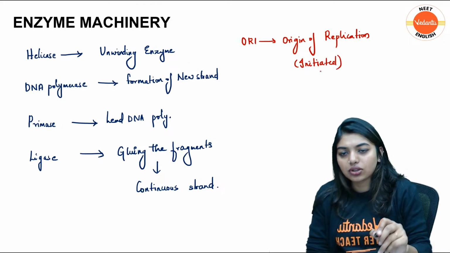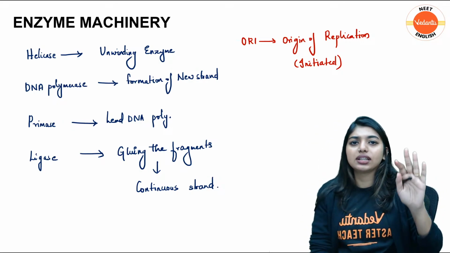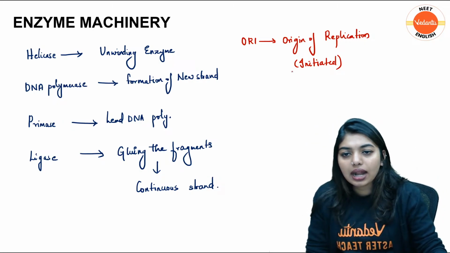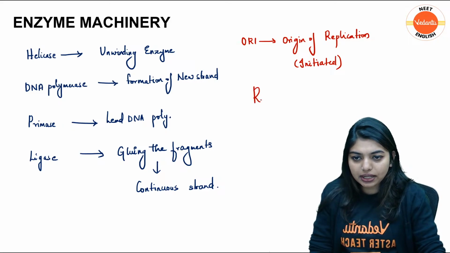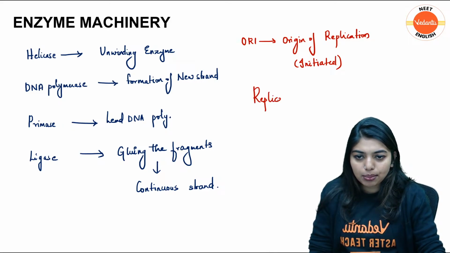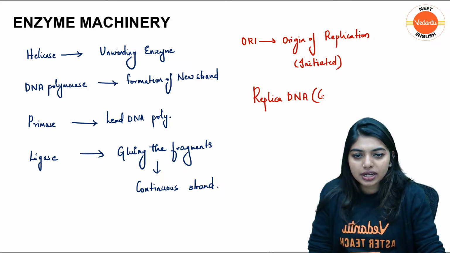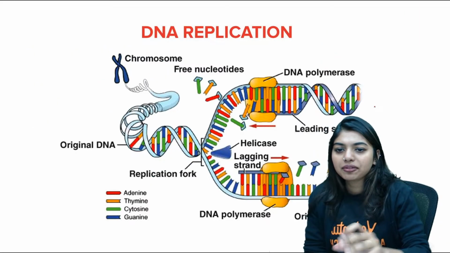Done. That is all your enzyme machinery. At the end, we will be getting replication done. That means we will form a replica of the DNA, proving DNA to be the genetic material. Yes or no? Because if it's a genetic material, it has to form a replica, right? Yes, done. Fine.